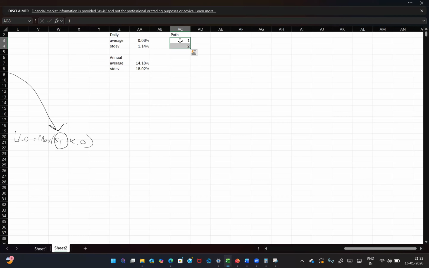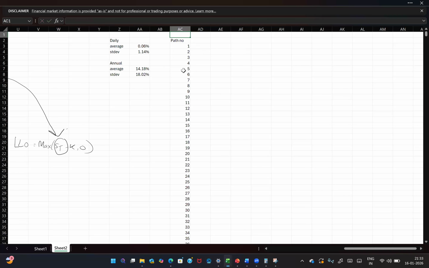The best way is to write a small formula called SEQUENCE, which tells you how many rows you want to populate. Suppose I want 1,000 paths. This will fetch you the numbers directly, 1 to 1,000. So this is the path number. If you want more paths, say 10,000, I can do that. It will generate 10,000 values. So that's the path number.